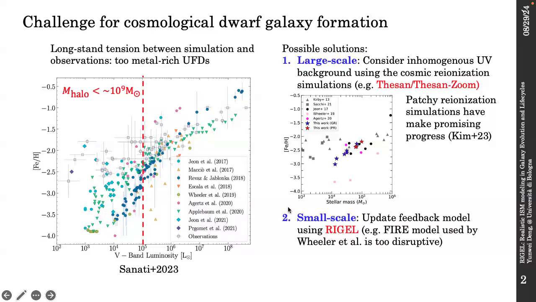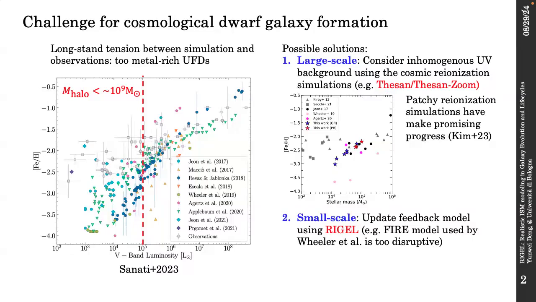Combining our RIGEL model with large-scale cosmological reionization simulations like THESAN, we can do cosmological zoom-in simulations with our more detailed RIGEL physics, and may eventually address this tension. But this is what I will do in the next years for my PhD thesis project. It's still at a starting stage currently.